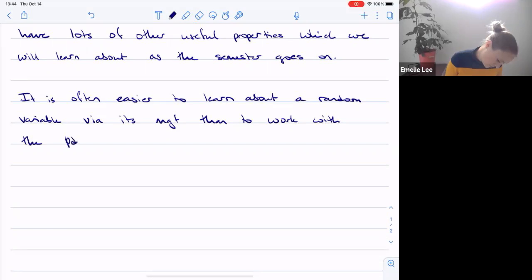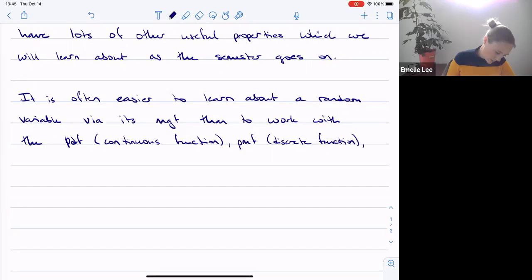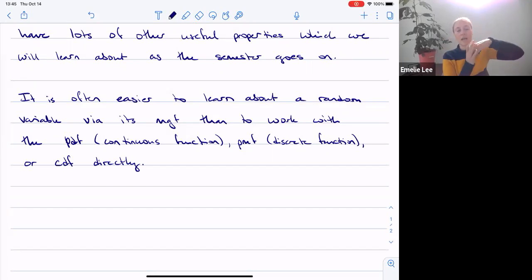The PDF, just as a reminder, that's for a continuous function. PMF, that's for a discrete function. Or CDF directly. Of course, the CDF is the cumulative distribution function. So up until what point, what's the probability of being less than or including that point? That's the CDF, and that applies to both distributions.